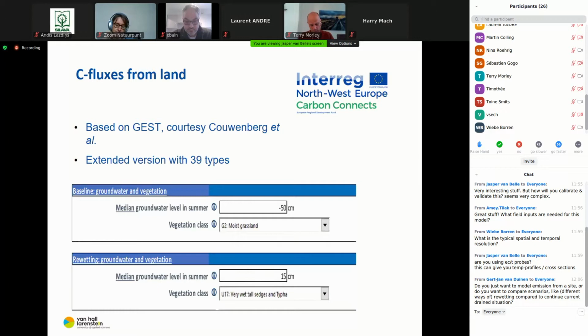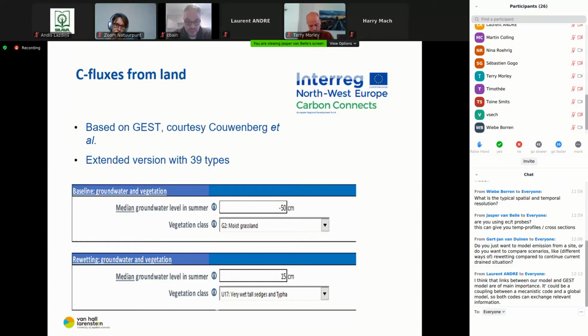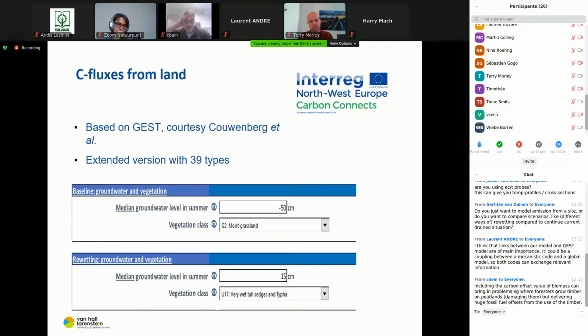This is an extended version that has some 30 standard greenhouse gas emission site types, which is what GEST stands for, and it has 9 highly specific types, for instance, ditches or a simulated harvest in sphagnum cultivation.